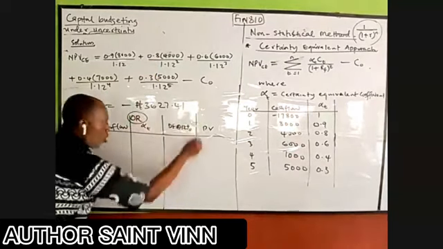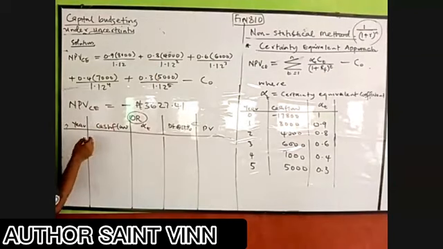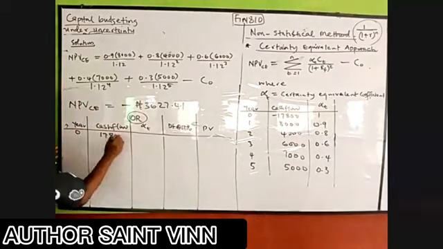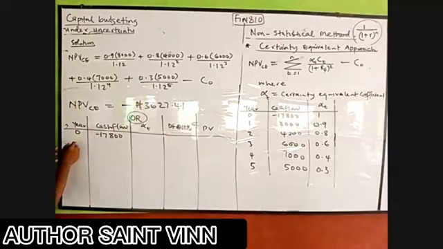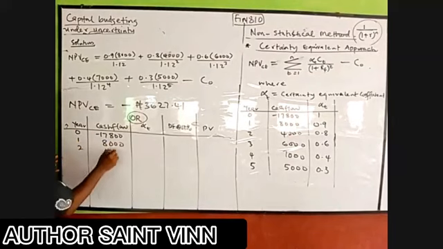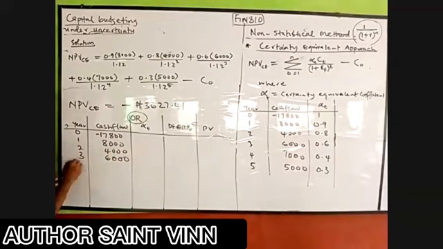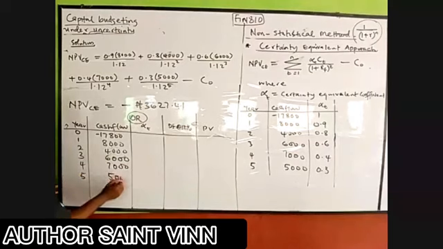So alternatively, if you don't like the formula approach, you can use the tabular method. The choice is yours. Year 0 is minus 8,000. Year 1, 4,000. Year 2, 6,000. Year 3, 7,000. Year 4, 5,000.